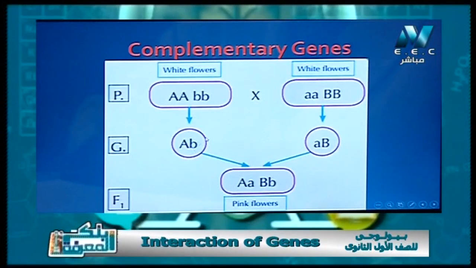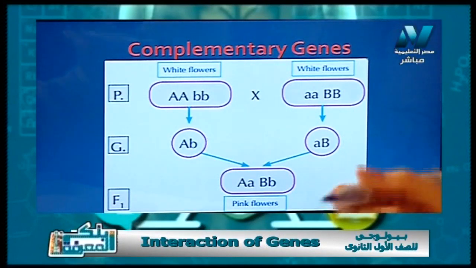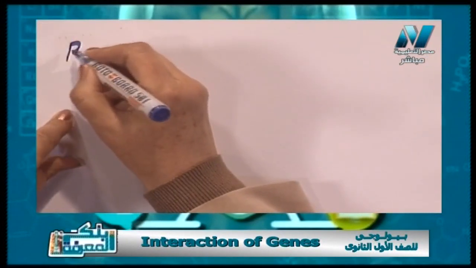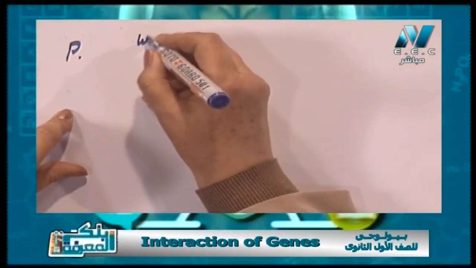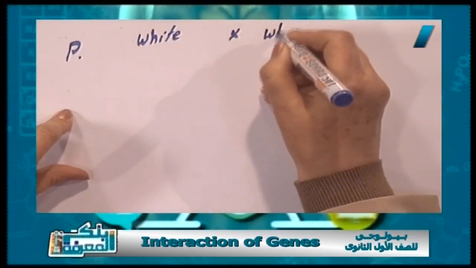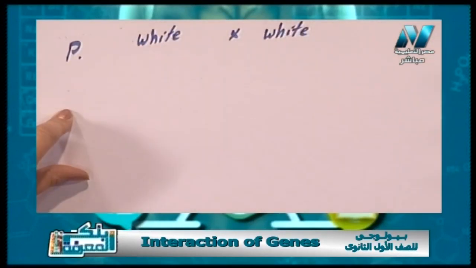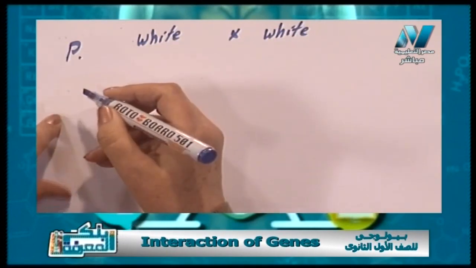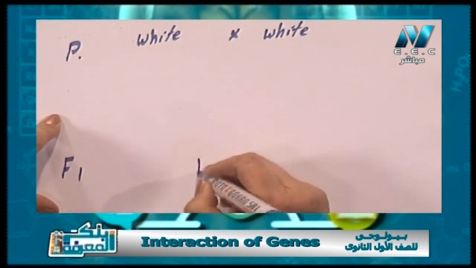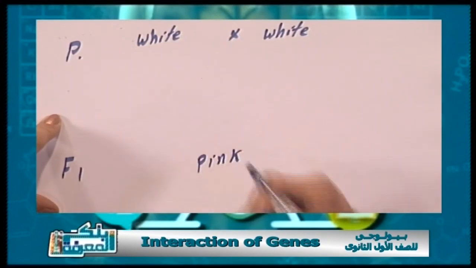How can we explain it in detail? So if we have the parents, both white flowered plants, we get pink flowered plants in the first generation.